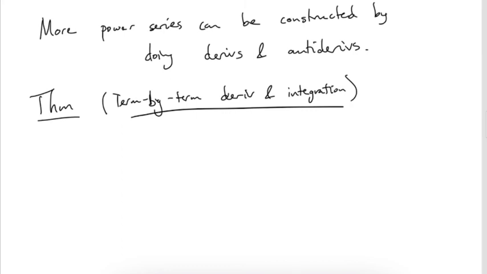So here's what it says. If f of x is a function that has a power series, it looks like the sum of c_n x to the power n. So if this is a power series, then f prime of x, the derivative of the function, also has a power series, and the power series of the derivative is obtained by taking the derivative of the power series.